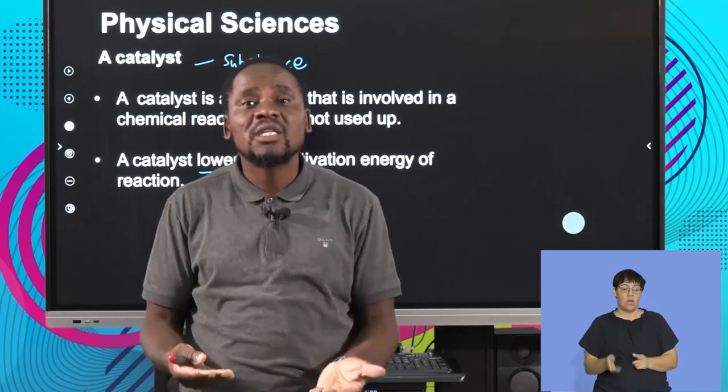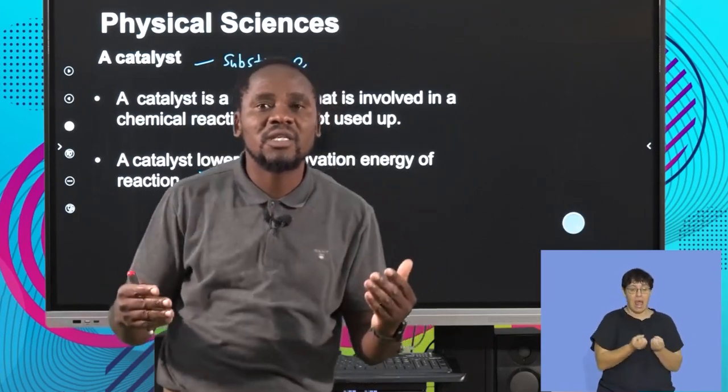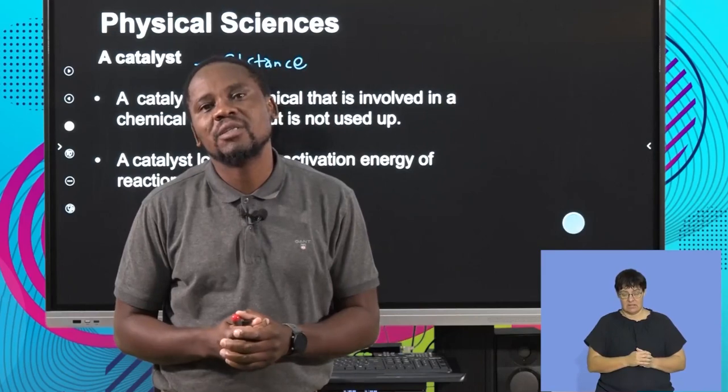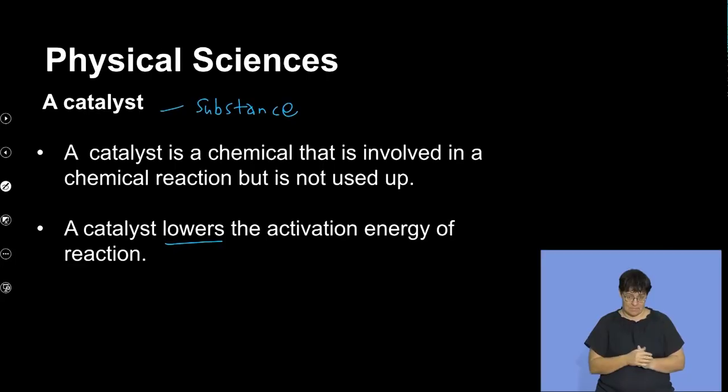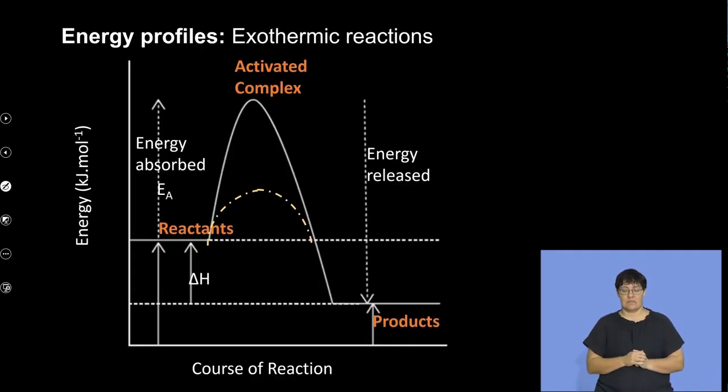But what it essentially does is lower the activation energy so that the reaction takes place much quicker, or at a higher rate, right? If we were to focus our attention, suppose this is the path for the uncatalyzed reaction. Okay?